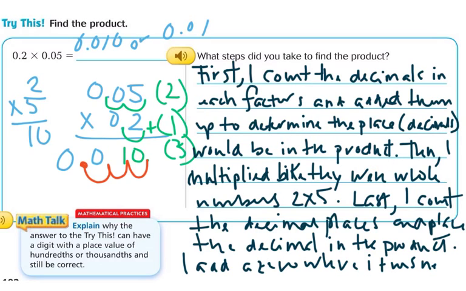So I counted 2 plus 1 is 3. Then I multiplied like they were whole numbers, 2 times 5. Last, I counted and determined the decimal places and placed the decimal point in the product. 1, 2, 3. And then finally, boys and girls, I added a 0 where it was needed. So this is our lesson for placing additional zeros in the product.